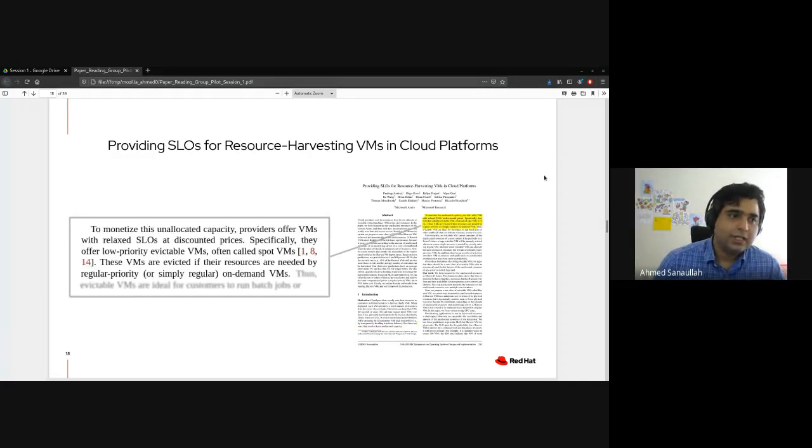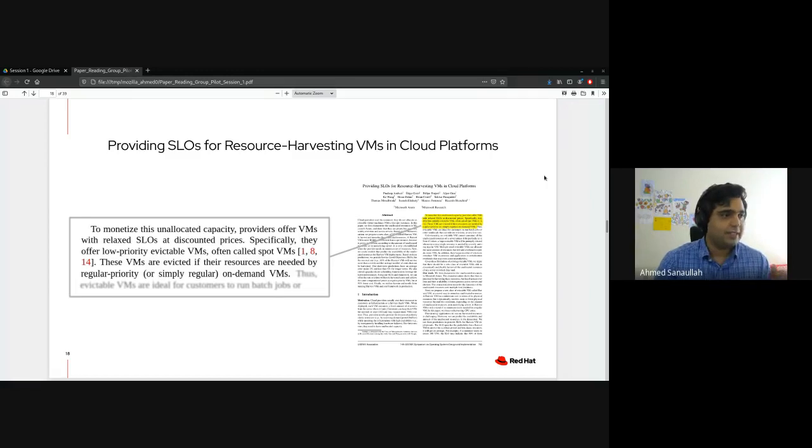to customers. The next paragraph continues in that general basic overview information, and it defines what spot VMs are: idle resources that you can hand over to folks with the understanding that they can be kicked out if somebody with a regular priority needs it.